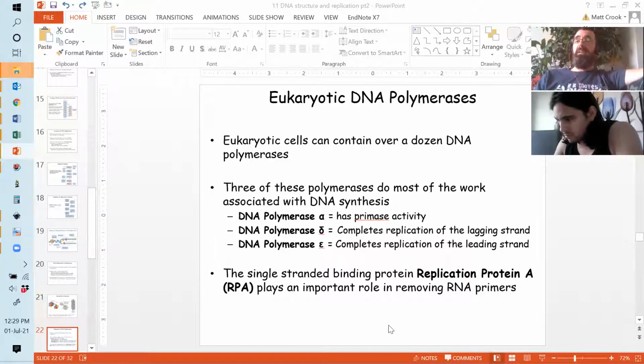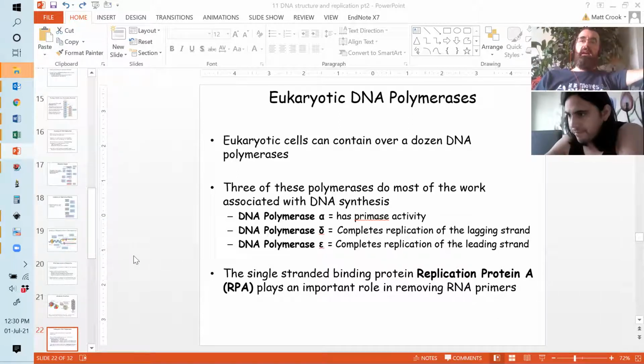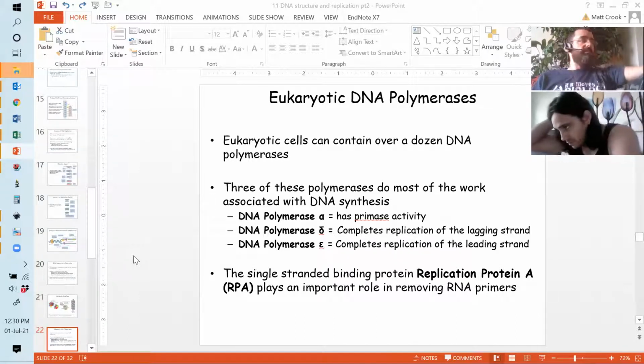Presumably DNA polymerase epsilon is able to go the distance, right? It's like much longer processivity, maybe. But either way, the DNA polymerase that synthesizes DNA in eukaryotes depends on whether it's the leading strand or the lagging strand. And also the removal of the primers is very different, right? We'll get to that in a sec.